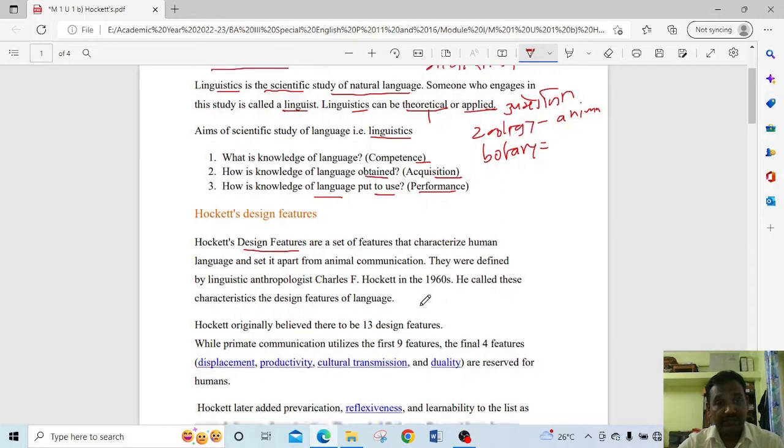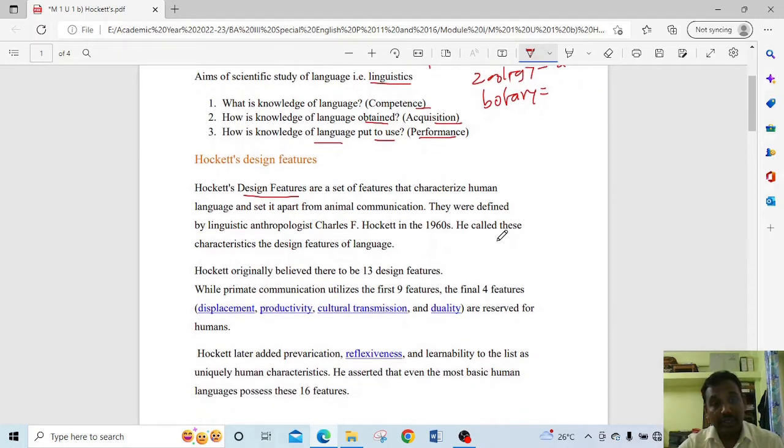So initially, Hockett believed that there are 13 design features, and out of these 13, the first 9 features are common in primate communication.